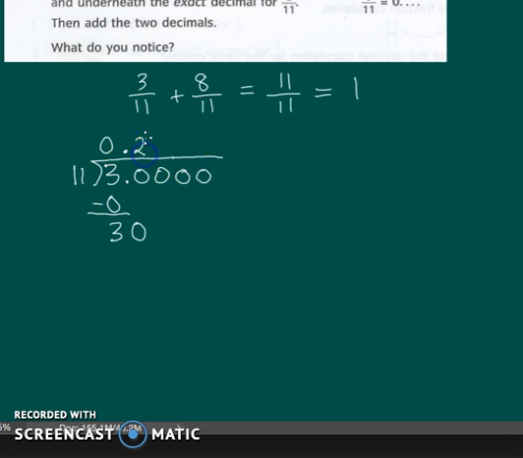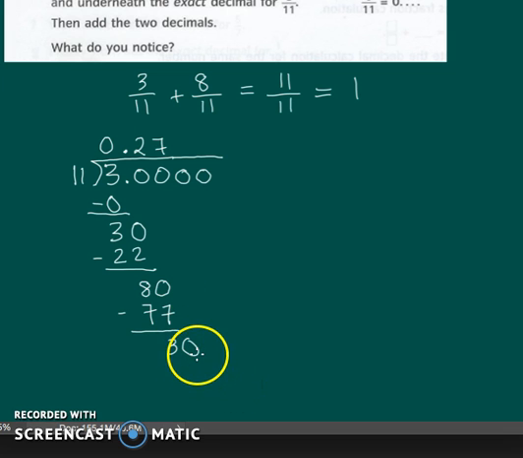Twice. 2 times 11 gives us 22. And 30 minus 22 is 8. I'll take down a 0. 11 goes into 80 7 times. So 7 times 11 is 77. And subtracting 77 from 80 gives 3.